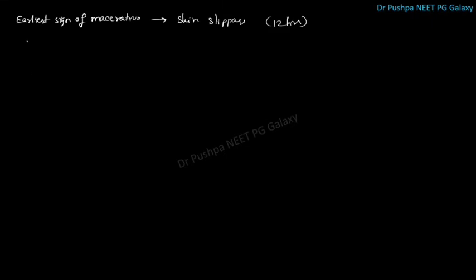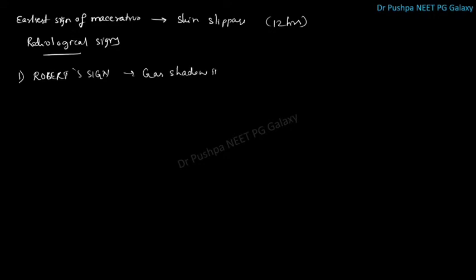So what are the radiological signs of intrauterine death? One is Robert's sign. What is meant by Robert's sign? So there will be gas shadow in aorta. We can see this as early as 12 hours. This is the earliest radiological sign.